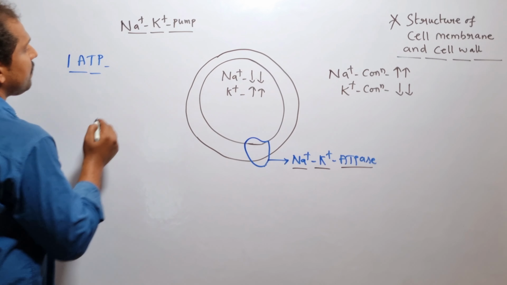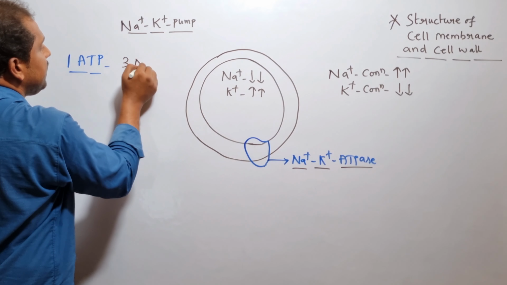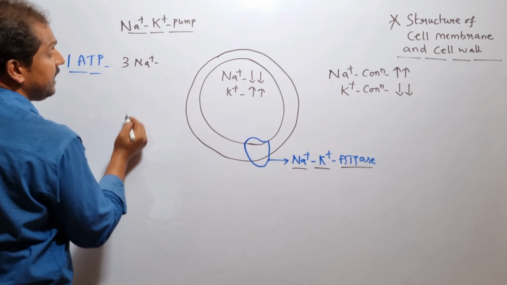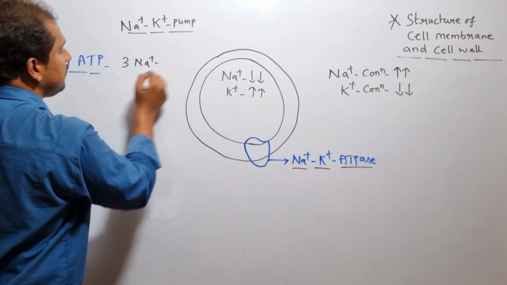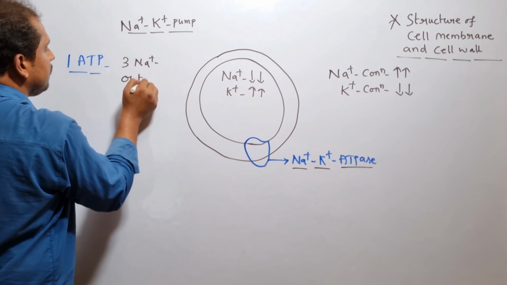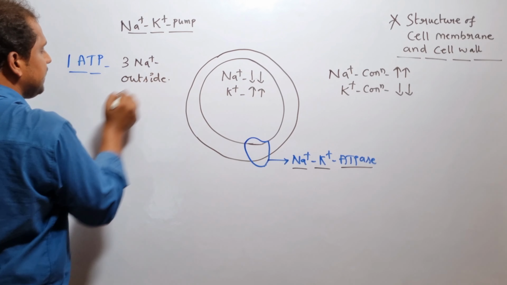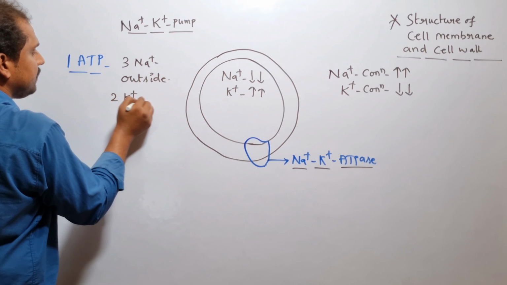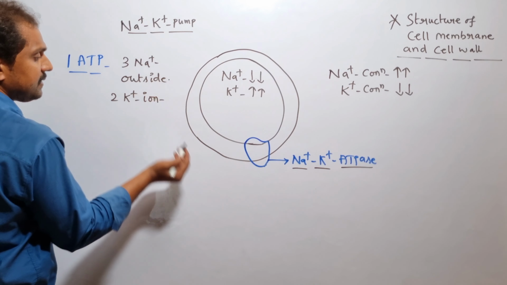In the presence of one molecule of ATP, 3 sodium ions successfully pass to the outer side. In the same way, 2 potassium ions successfully pass to the inner side.